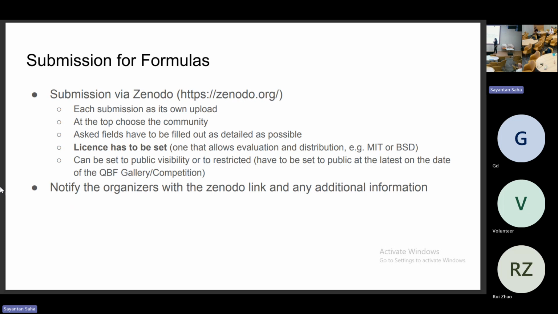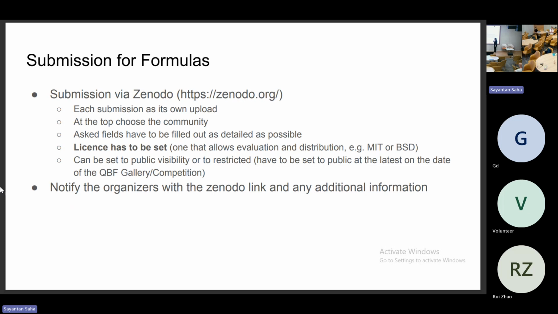We will have, or we already established, a QBF community on Zenodo where things can be collected under a joint umbrella. So each submission has its own upload, which is then under the control of the person who submits the benchmarks. We have interesting metadata, so this is also collected in a uniform way.